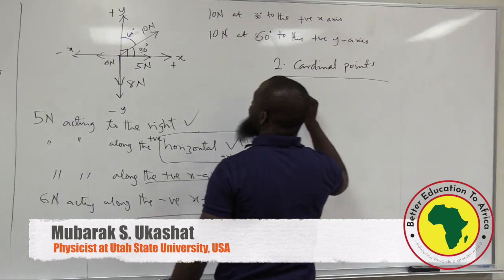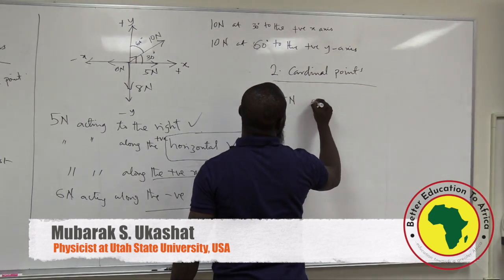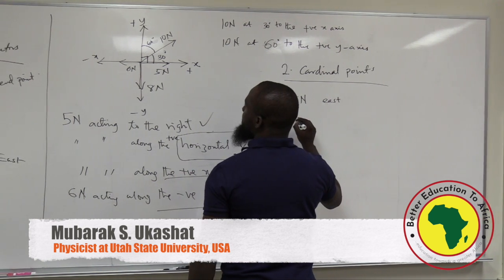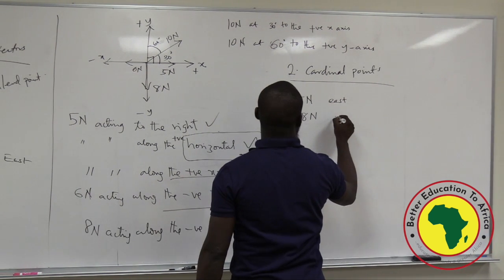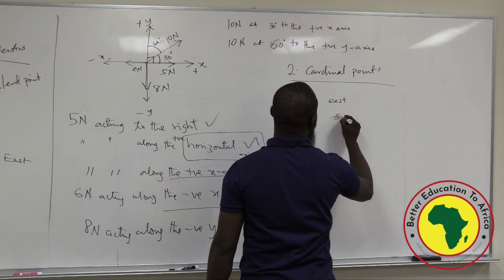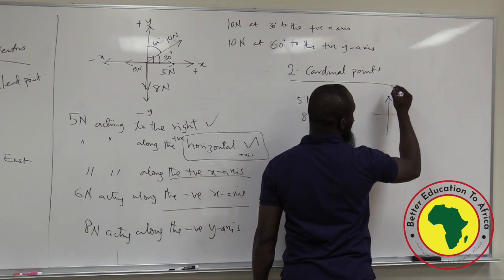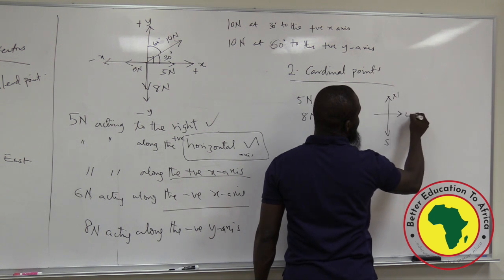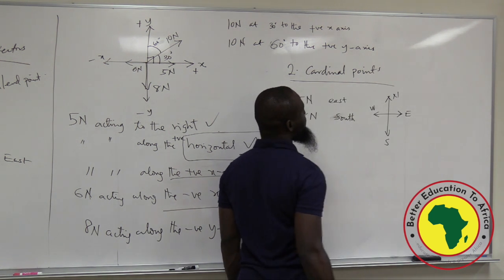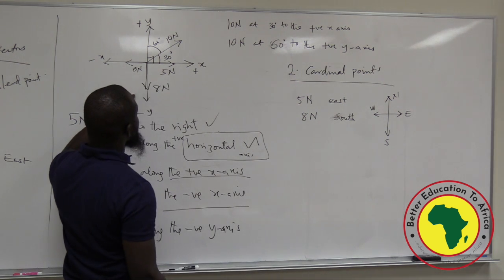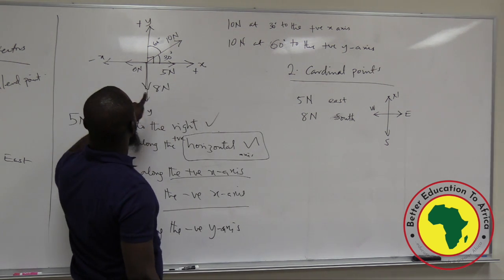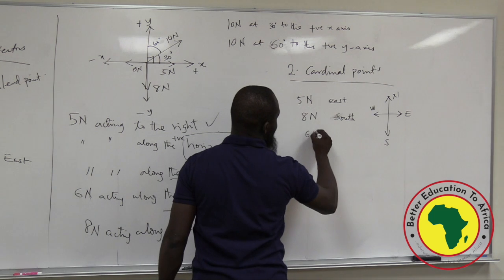So I will say 5 Newton is acting east, 8 Newton is acting south. Let me define those cardinal points first. So this is north, up; down is south, right is east, and left is west. So 8 Newton is south, 5 Newton is east, 6 Newton is west.